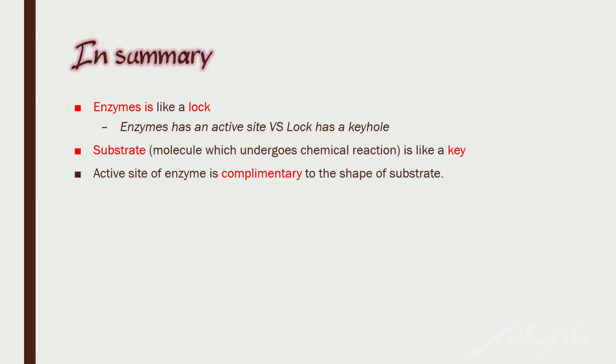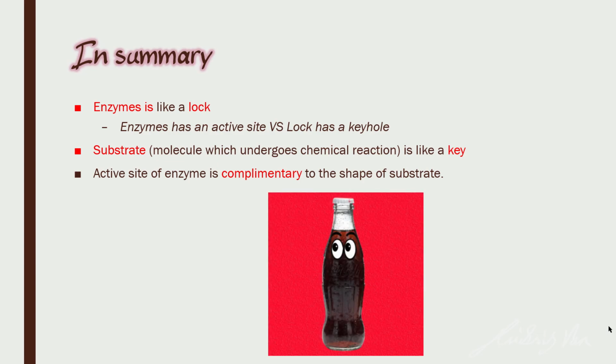Now, the keyword here is complementary, as opposed to identical. Why is it important? Because if we say the shape of the substrate is identical to the shape of the active site, that is like saying that the shape of a Coca-Cola bottle is the same as the shape of the Coca-Cola cap. They look different. They are complementary rather than identical.